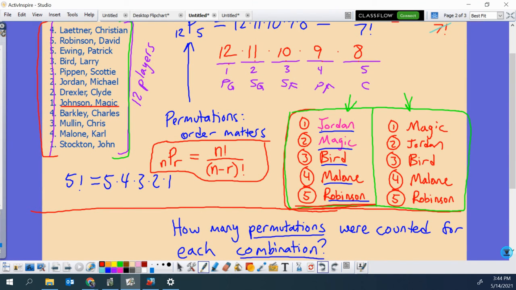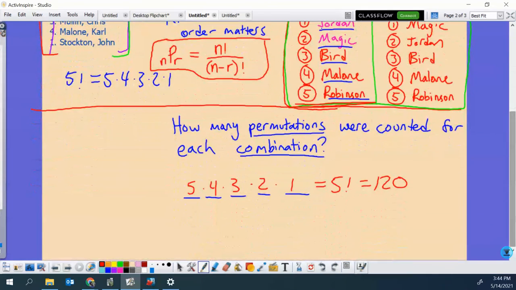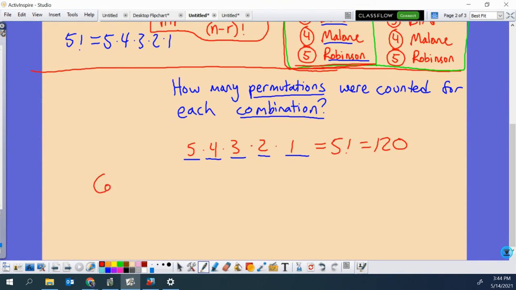And we don't want to count all those different ones separately down here, because down here we're talking about combinations.